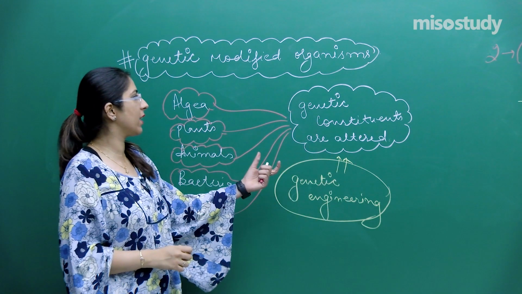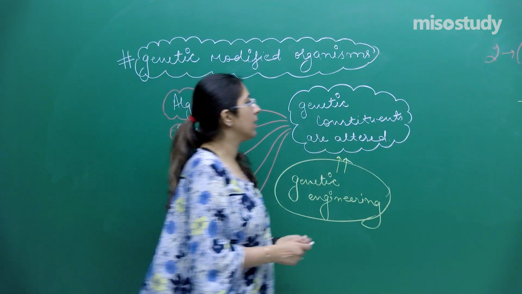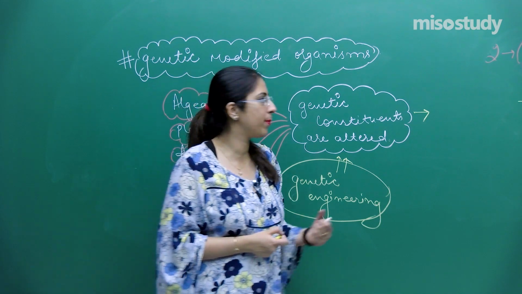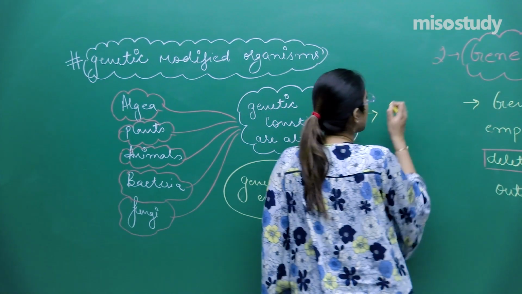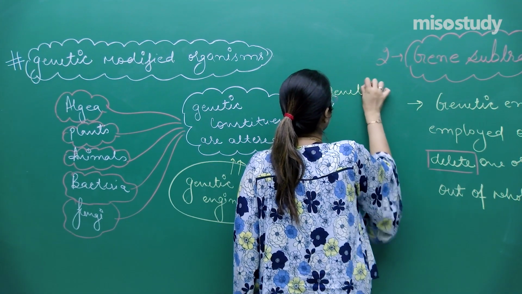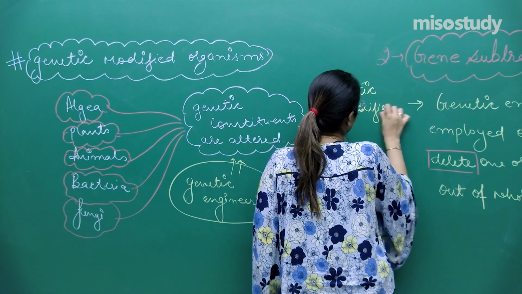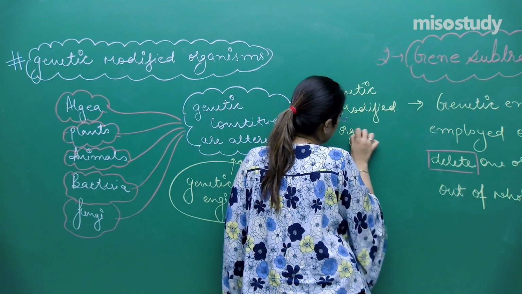With the help of genetic engineering, we have changed the genetic constituent, and later on new products, or you can say new cells, are formed, which are called genetically modified organisms, right? So at the end, what we get is a genetically modified organism, because we have modified the whole genome.